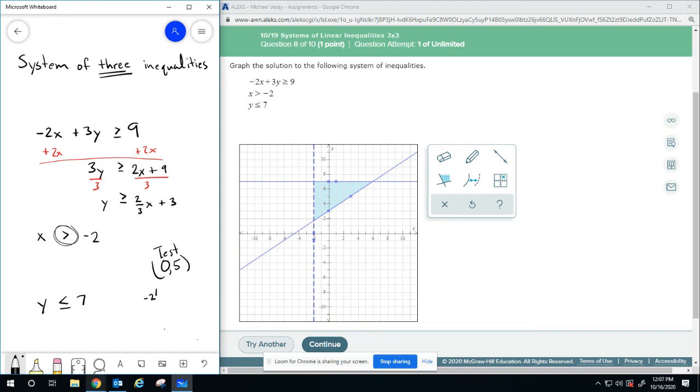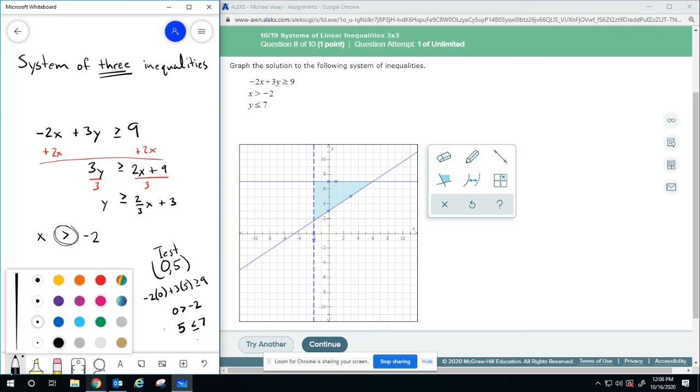First inequality: negative 2 times 0 plus 3 times 5 has to be greater than or equal to 9. The second inequality only has x in it, so 0 has to be greater than negative 2. And the third inequality is just y, so 5 has to be less than or equal to 7.